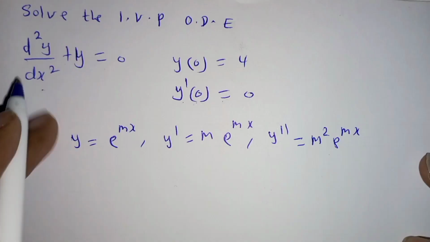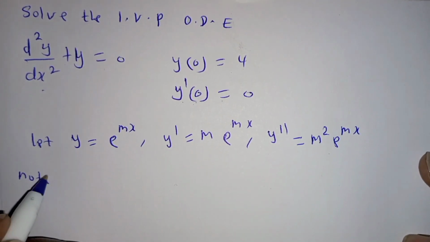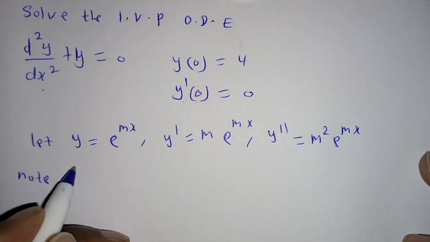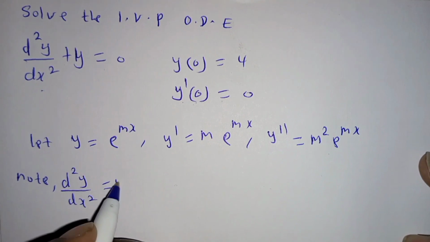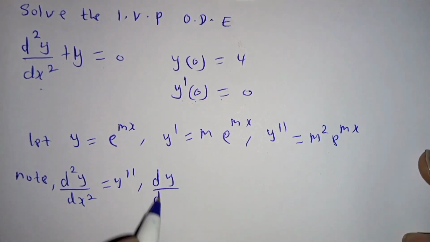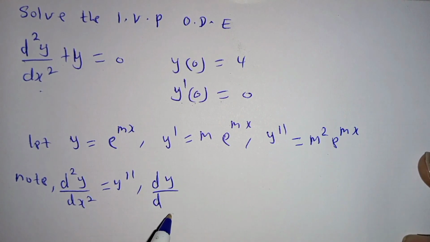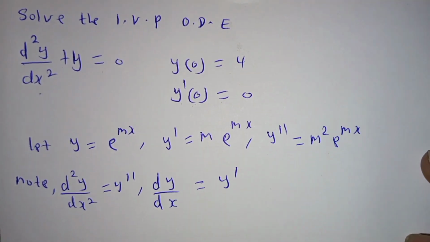So we substitute here. Note that the second derivative of y with respect to x is the same as y double prime, and the first derivative of y with respect to x is the same as y single prime.